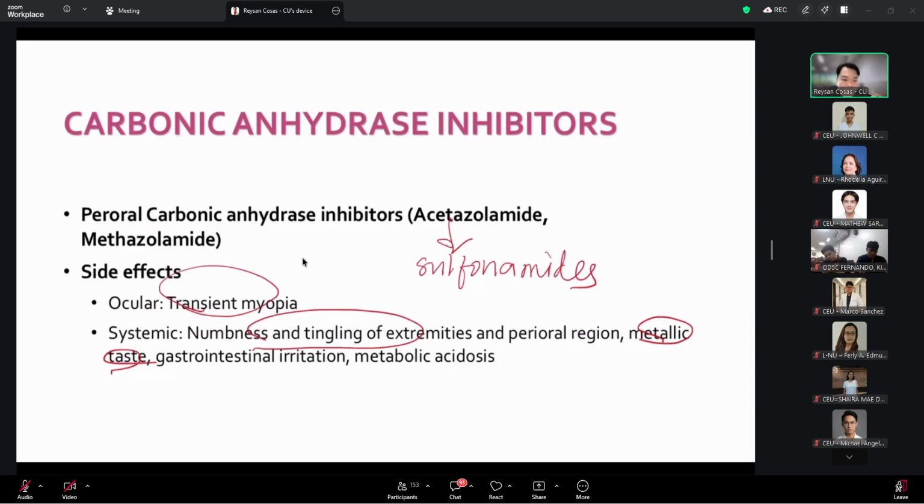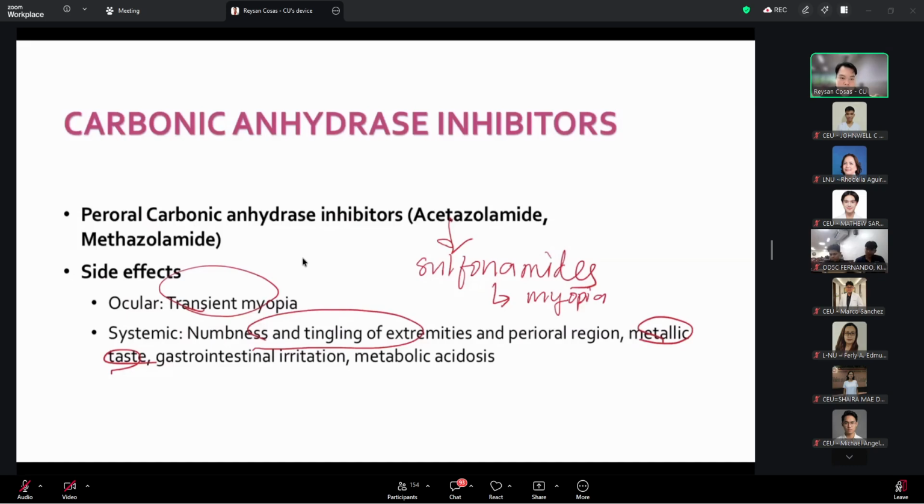Bakit po nagkaka-transient myopia? Okay. Nabanggit ko na 'to because acetazolamide is derived from sulfonamides. So sulfonamides, all of them are causing transient myopia. That's a very common side effect of sulfonamides. So dahil parang kamag-anak niya yung mga sulfonamides, siya din nagko-cause.